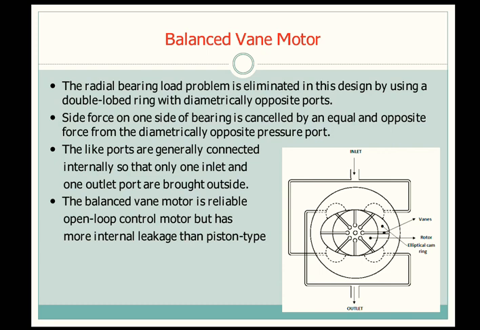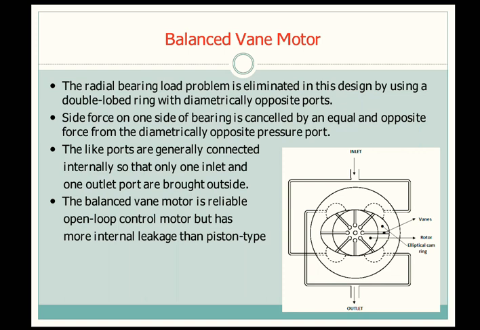So the next type of motor is the balanced vane motor. From the figure you can see that at the inlet there are two ports, like a T junction, and the fluid flowing through the inlet distributes in two paths. In the rotor you can see that there is an eccentric shape on both sides.